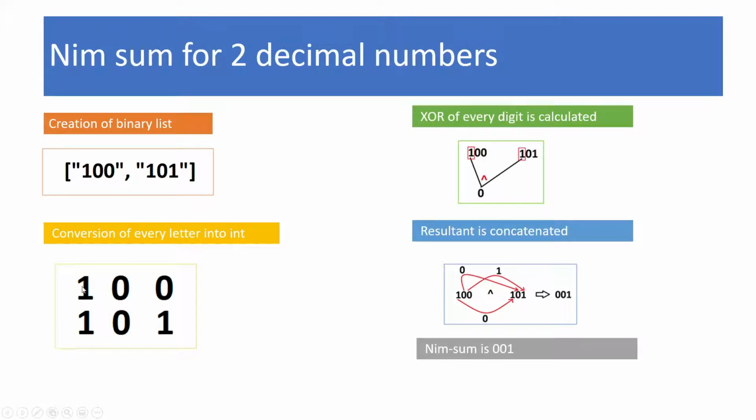And then the XOR of these two individual digits is stored in a new string called nimsum. And then the second letter of the first string and the second letter of the second string are converted into integers, and the XOR of these two integers is found and stored in the string. And then that string is concatenated and we find the nimsum.